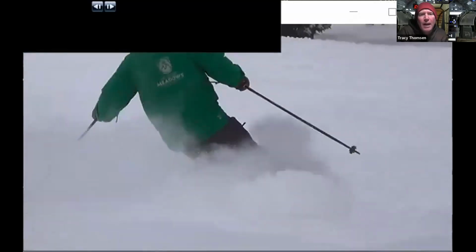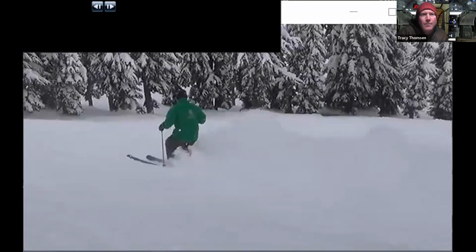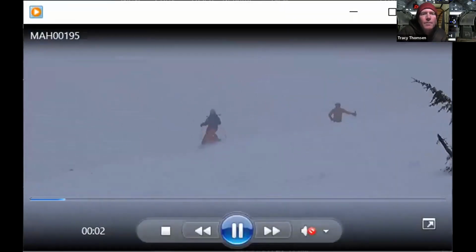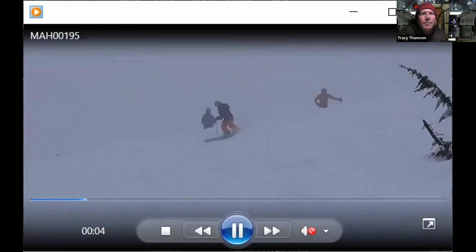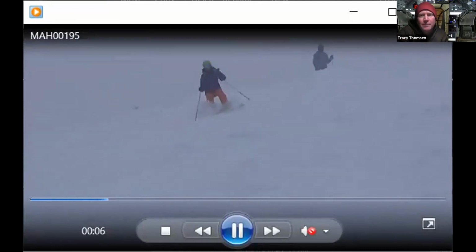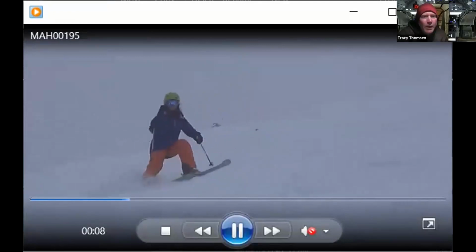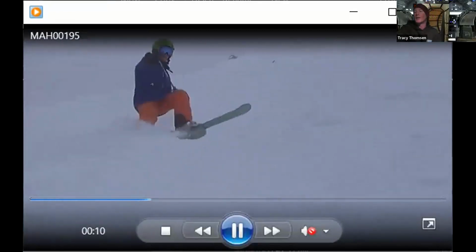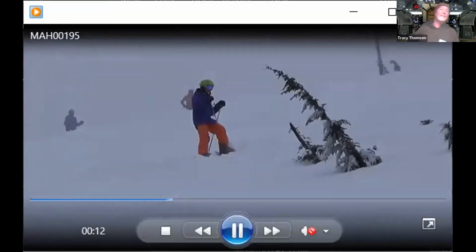How about we compare and contrast this with somebody else? You all see the new person? Okay, cool. We'll let it play a few times so you can really focus on the compare and contrast at the initiation phase.